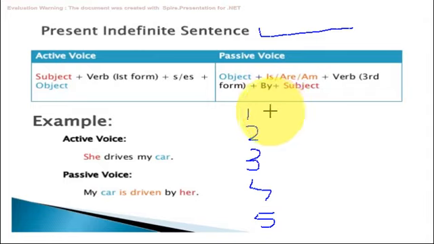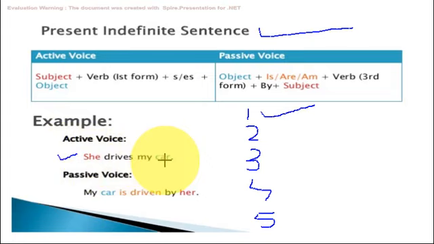At first, what you have to do is identify the type of sentence. It is very important. Here you can see present indefinite sentence. You can also call it simple present tense. Now see, this is the example of simple present tense. We find here a subject, a verb, first form of verb taking es form, and then an object.